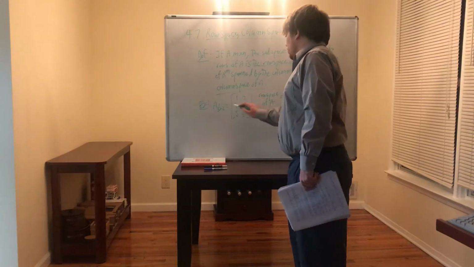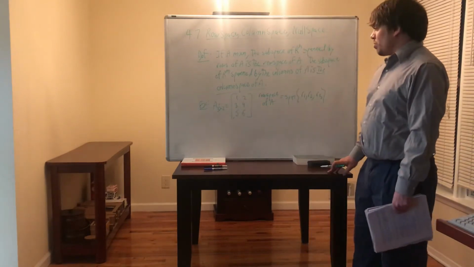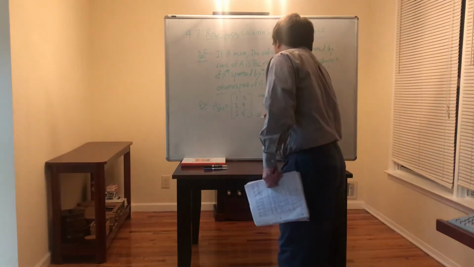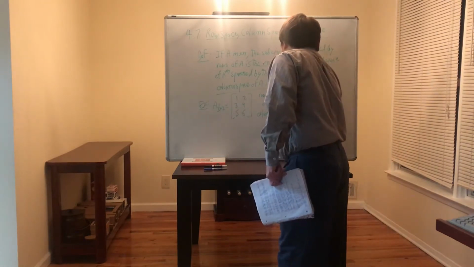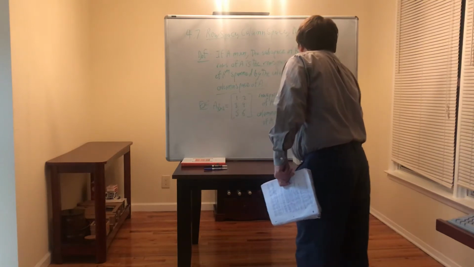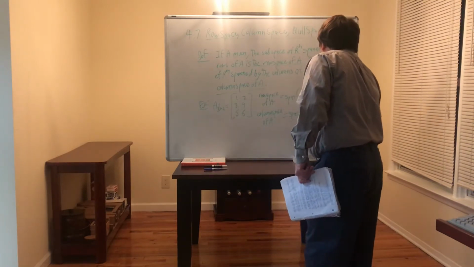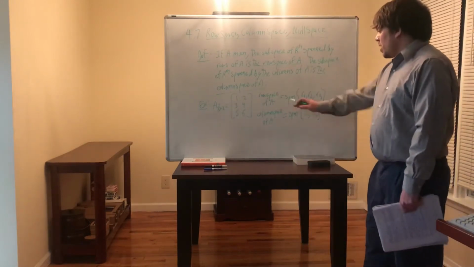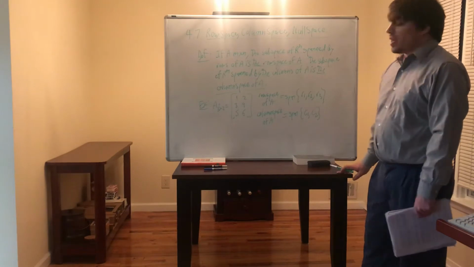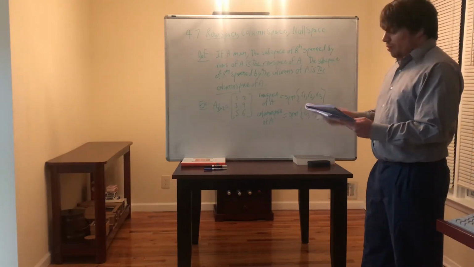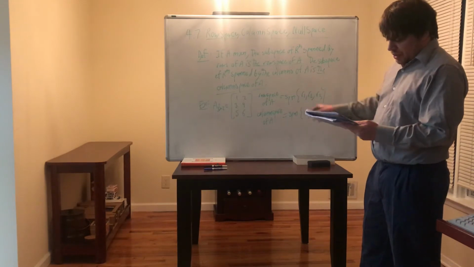R1 was this, R2 was this, and R3 was that. The column space of A is equal to the span of the columns of A. There are two columns of A. This is the first column, and that's the second column. And so the column space of this matrix is the span of its columns. That's the row space and column space of a matrix.